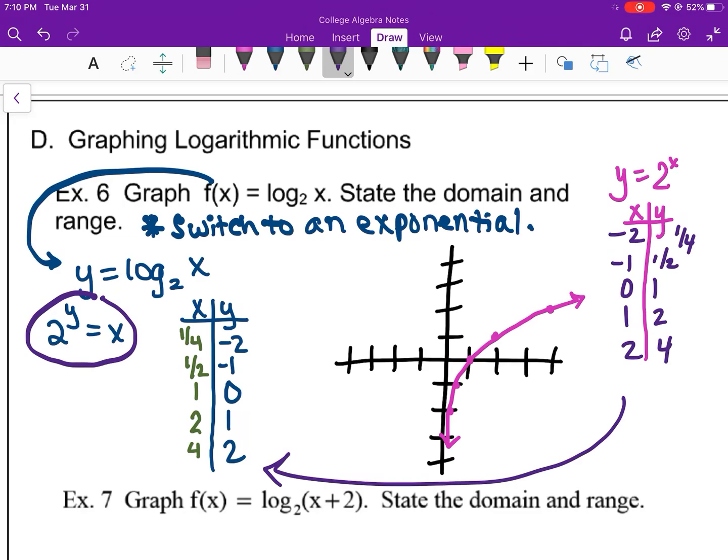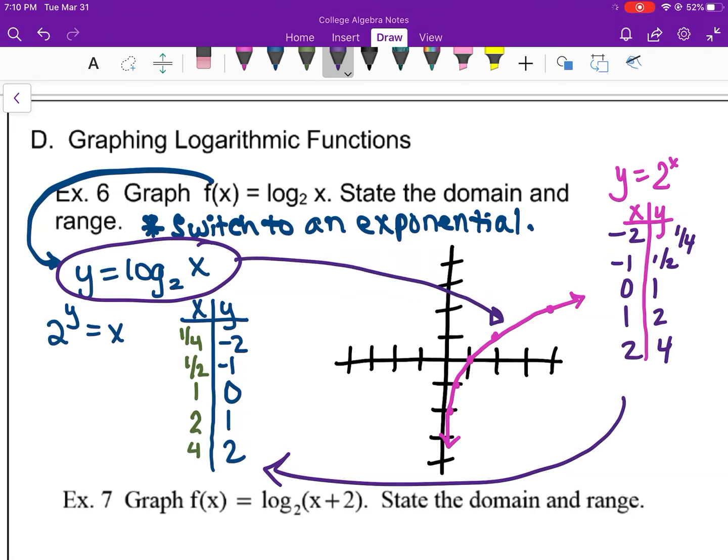Let me undo that real quick. This graph right here is this one right here. If you're graphing y equals 2 to the x, it will be that reflection of this pink curve. In fact, let me go ahead and put this in a different color so we don't get confused.